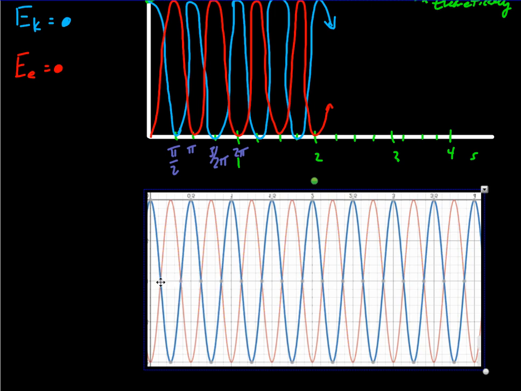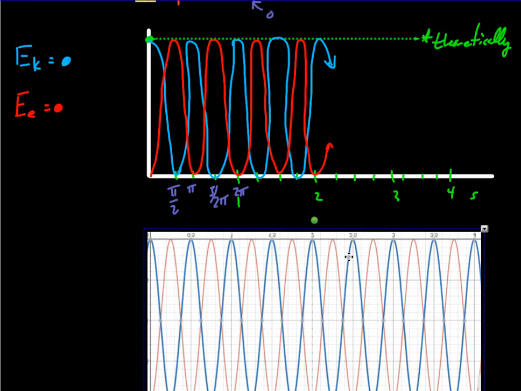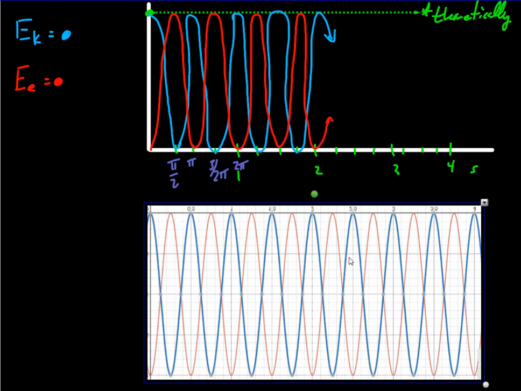If we look here, let's say we've got half of our energy from spring and half from kinetic. Here we've got all of our energy from kinetic and zero from spring, but the sum of those two values always adds up to the total energy of the system. The total energy of the system is always the same.